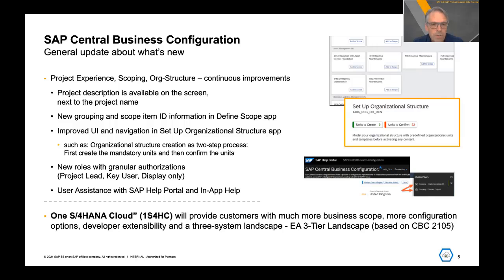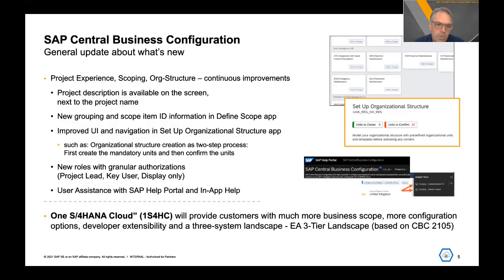We have an improved user interface for the organizational structure, and we have a 2-step process, which is important, as we think that this provides you advantages. First, to create the mandatory org units, the entities, and in the second step to confirm the units, besides the guidance we provide in the organizational structure.